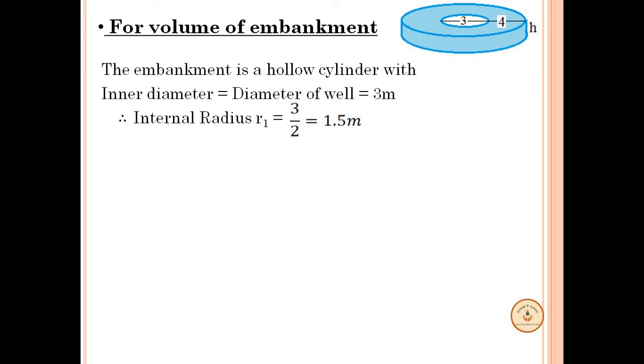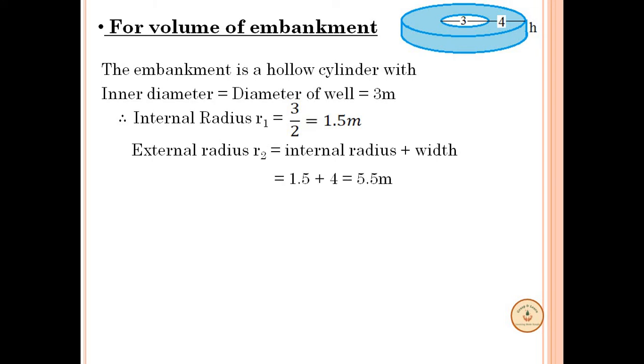The external radius will be nothing but the internal radius plus width, that is 1.5 meters plus 4 meters, giving us 5.5 meters. Now to calculate the volume of a hollow cylinder, we need to calculate the volume of the outer cylinder and subtract from it the volume of the inner cylinder.